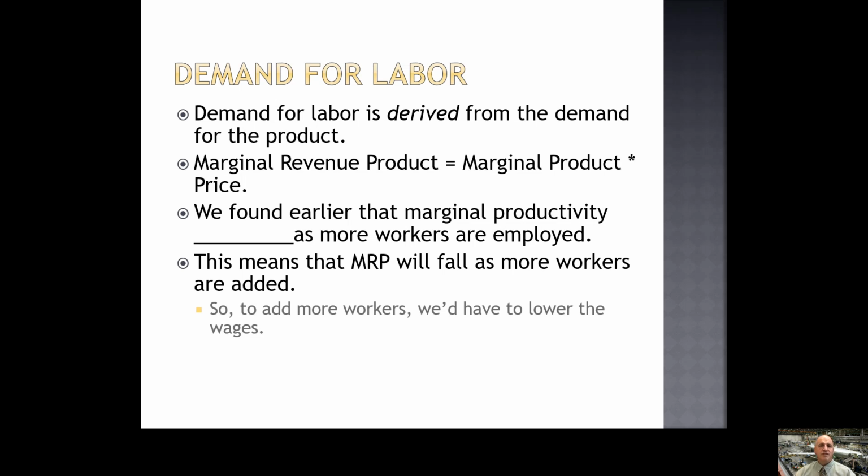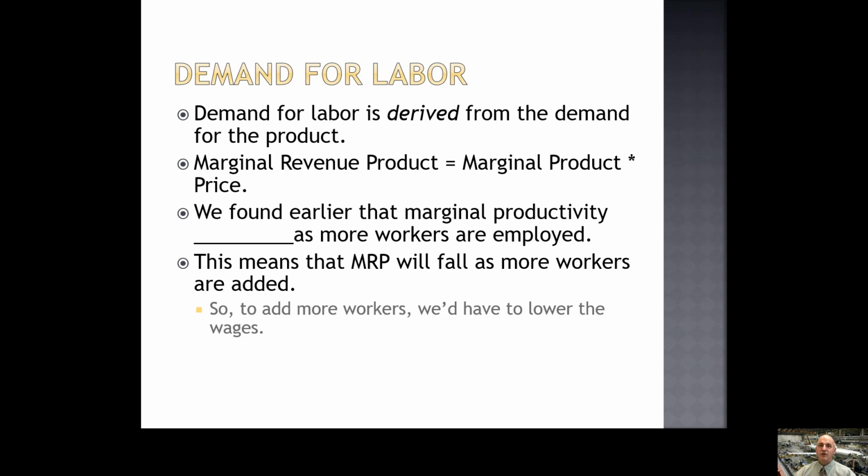If you'll remember in the chapter 7 lecture, we talked about an example, I think it was making sweaters or shirts, but we only had one sewing machine. So adding more workers didn't really give us more and more sweaters being produced. So we have this idea of diminishing marginal productivity.